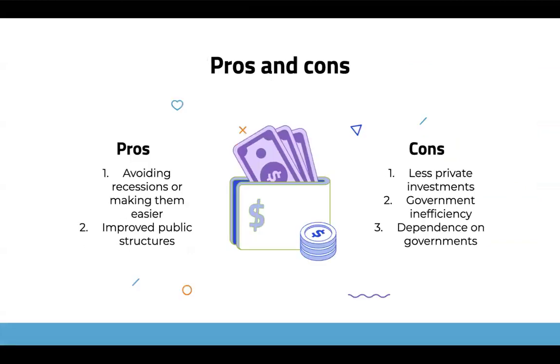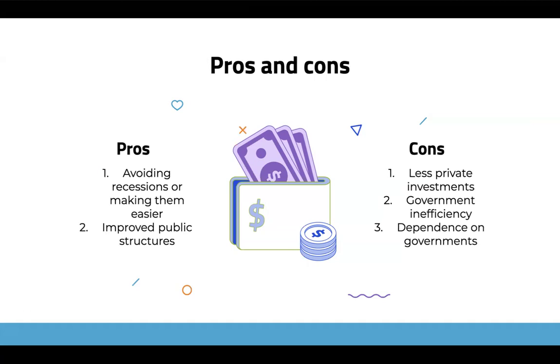Something that could be used from this is that government intervention helps avoid recessions or makes them easier to go through, and it improves public structures because there's a lot of government spending, which means better roads, better schools, subsidies for people, better benefits.